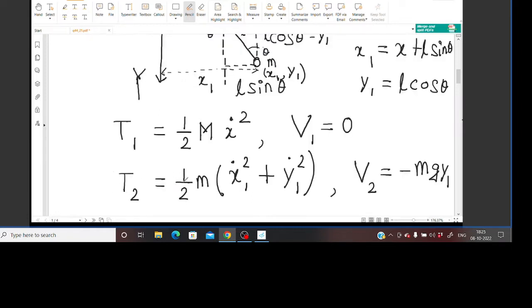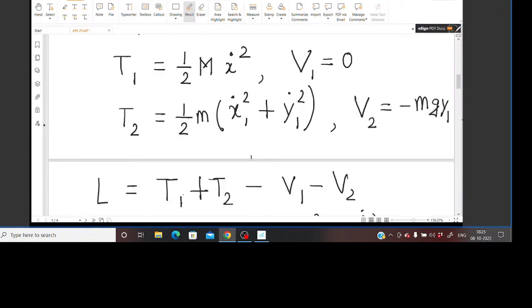The kinetic energy of the mass small m is equal to half into small m into x1 dot square plus y1 dot square, and the potential energy of the mass small m is equal to minus mg y1.